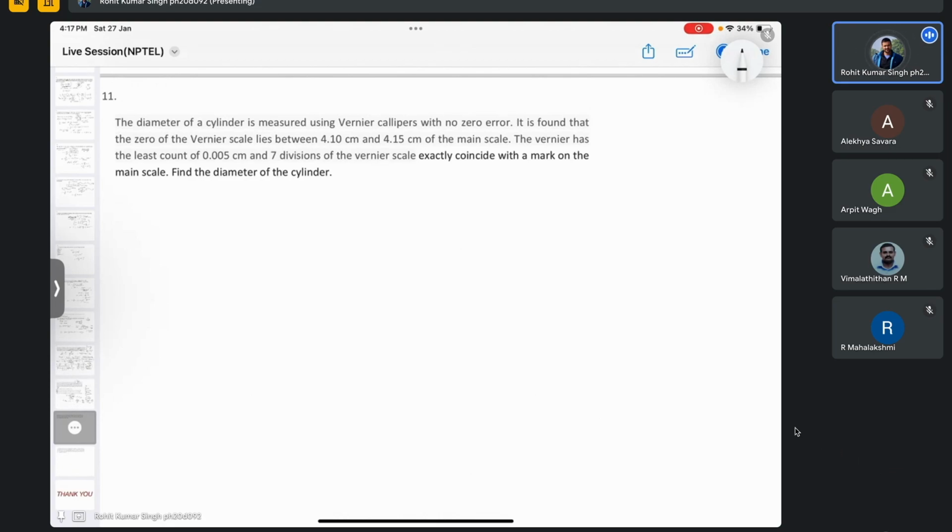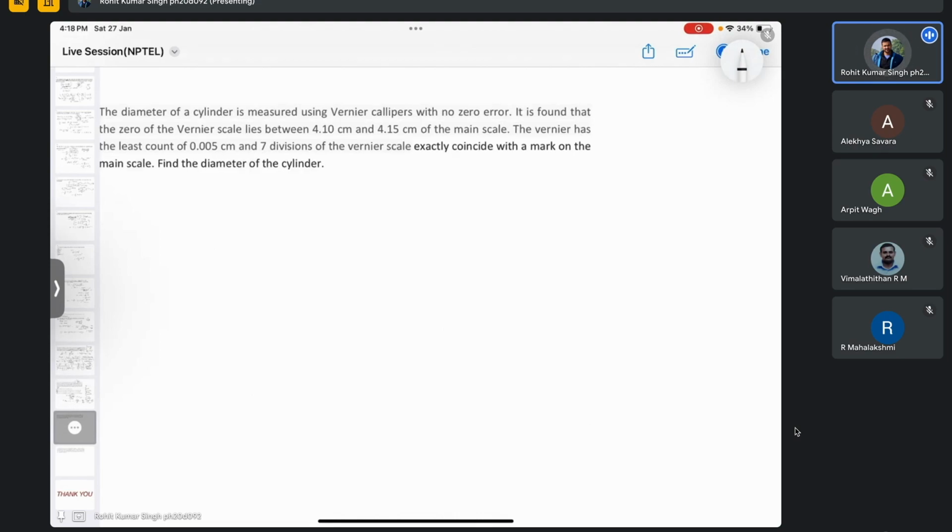Okay, not then. This is our second last problem. So I'll read out the question. The diameter of a cylinder is measured using vernier calipers with no zero error.